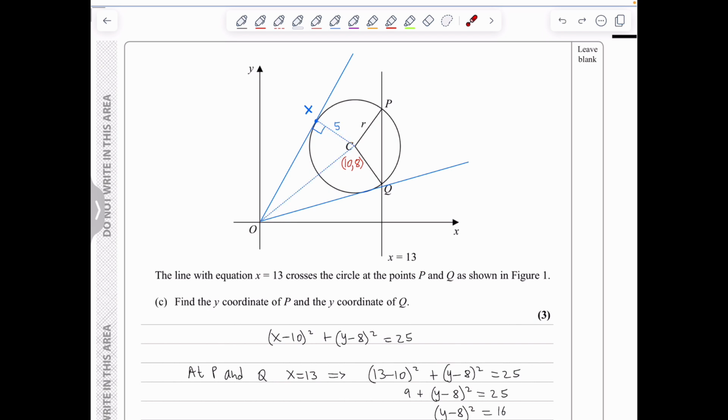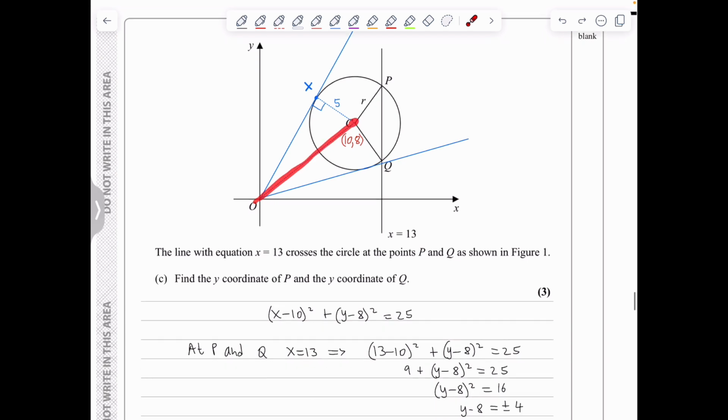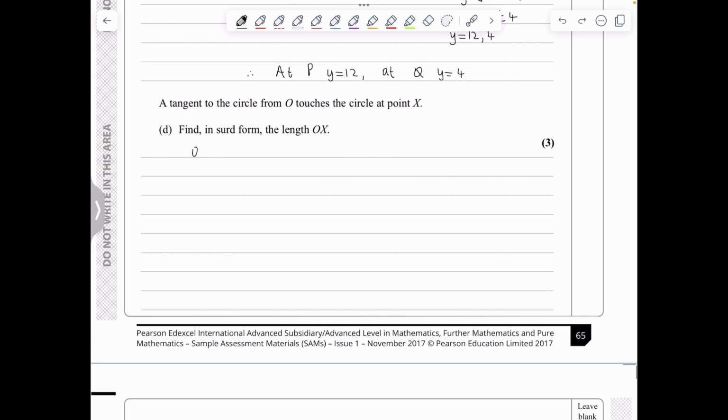We already know that the radius has a length of 5 units, and I can easily determine the distance OC because I've got the coordinates of C. So OC is given by Pythagoras theorem as the square root of 10² + 8², which gives an answer of 2√41, and therefore I can proceed with Pythagoras theorem stating that OX² + 5² = (2√41)², which leads to OX² + 25 = 164, and therefore OX² is 139, which simply means that the length of OX turns out to be √139.